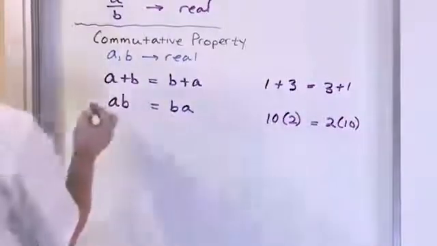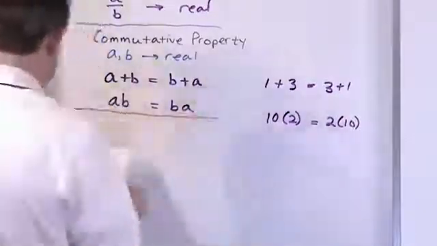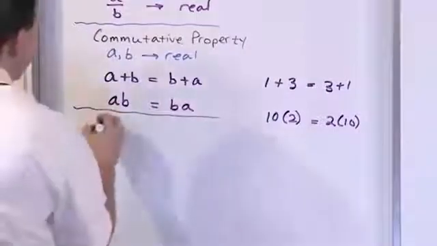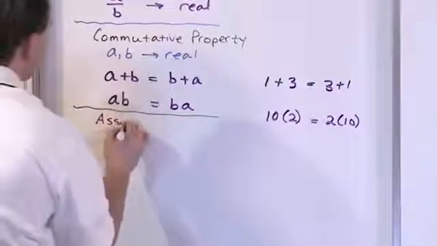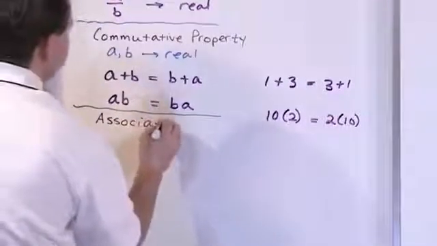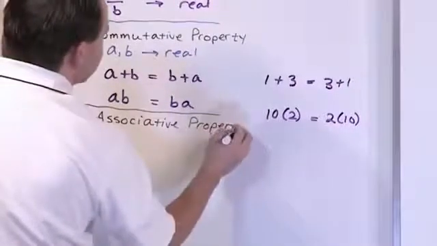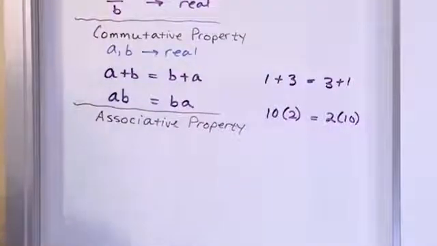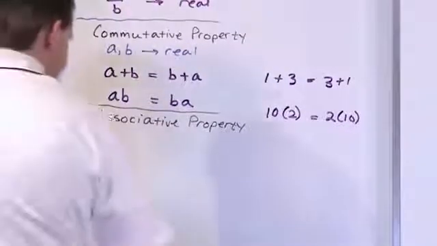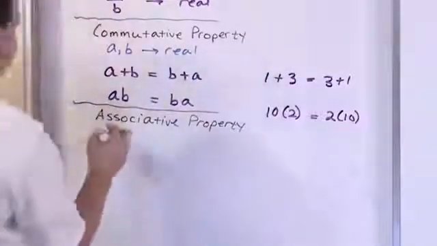All right, so let's go on to the next guy. This is probably one you've heard of before. It's called the associative property. All right, so let's go figure out what this is. Again, a and b are real, so I'll just write this down again.